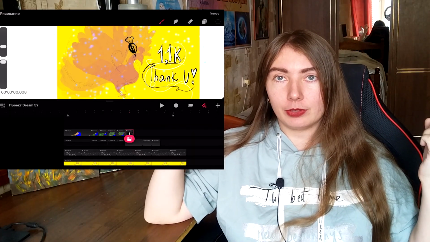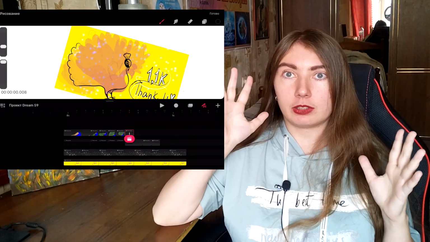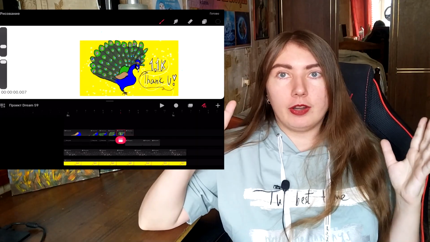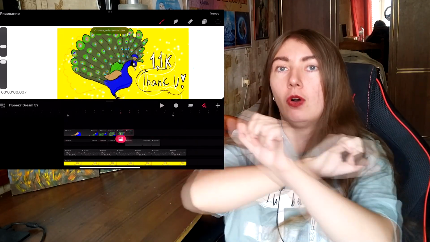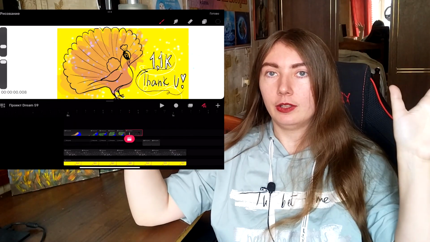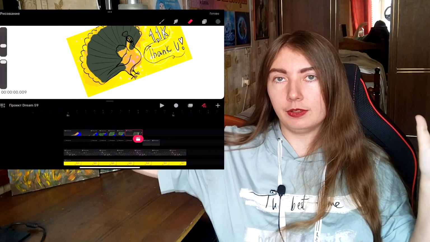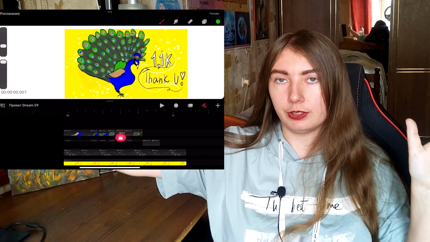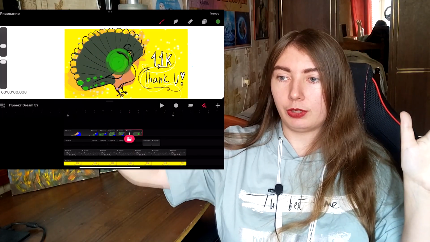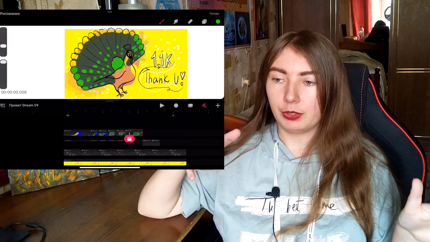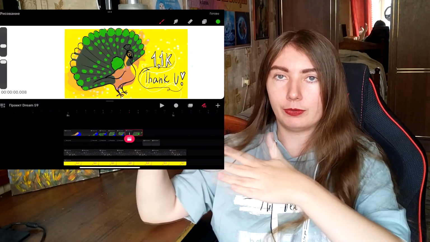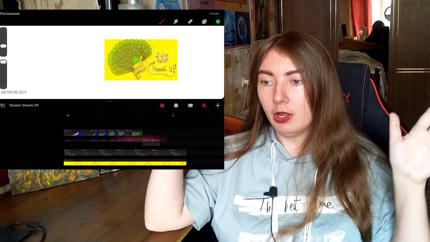It struck me and I was like, what the fuck did I just hear? I turned around and saw that this peacock opened his feathers and started doing this motion with his tail. And in the next sketch there was a female peacock, so he was showing off his feathers because there was a female peacock near him.